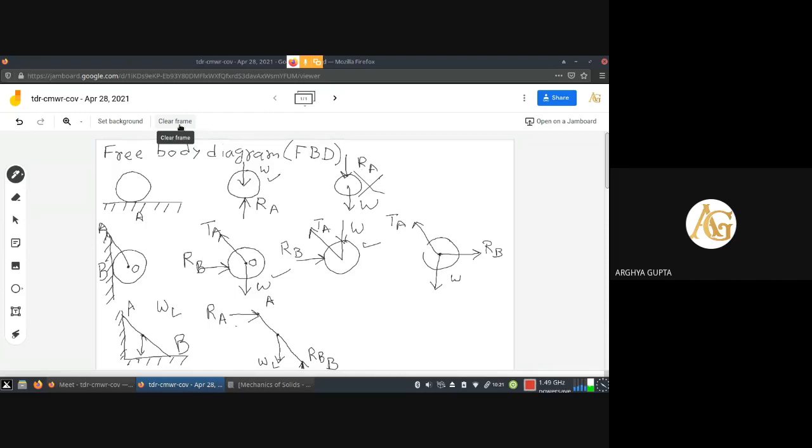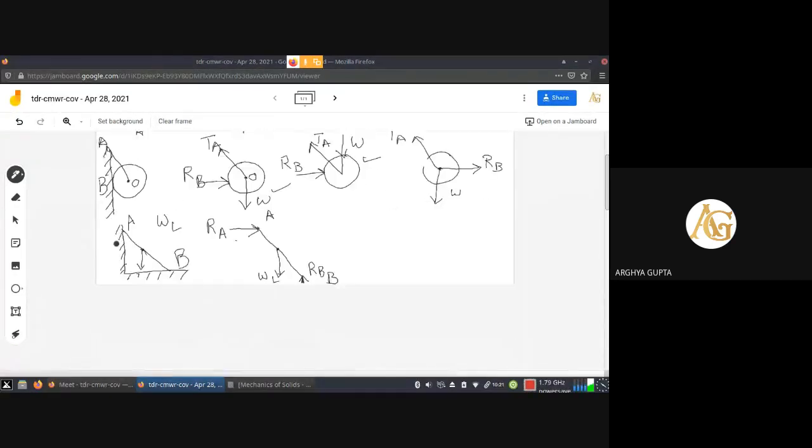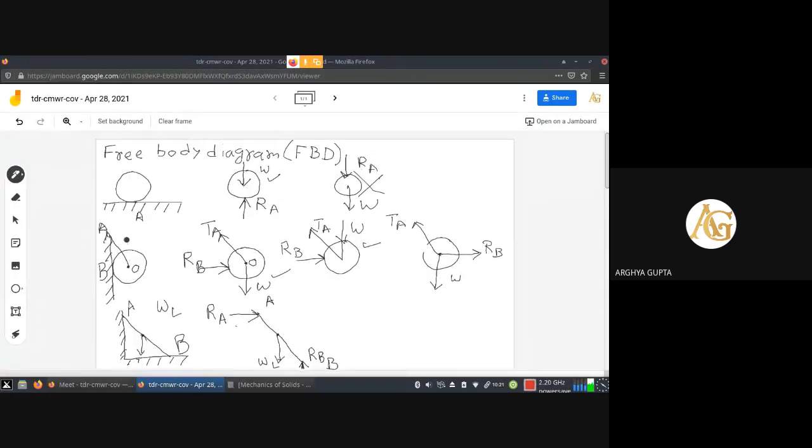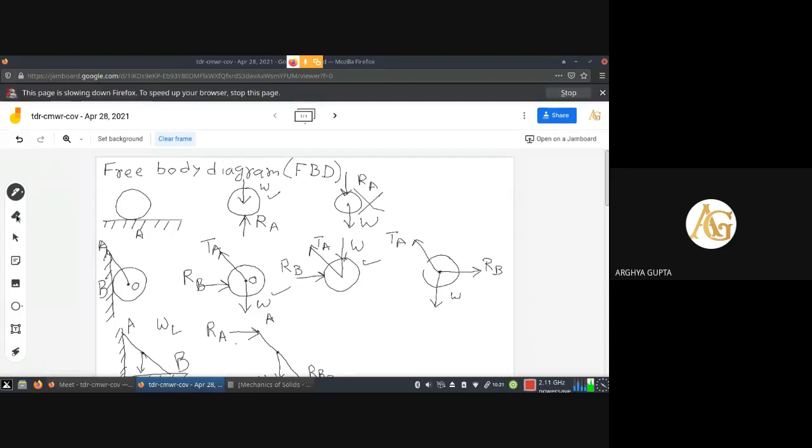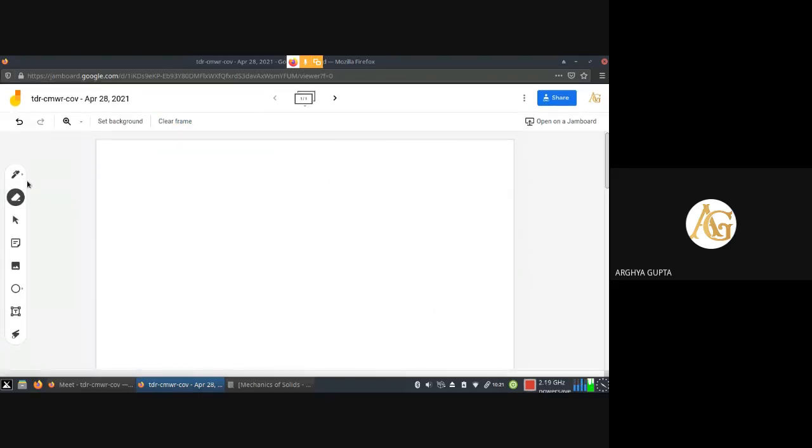I will erase these drawings and we'll create a new page. The second page is available here. Now, let us consider a pulley system here.